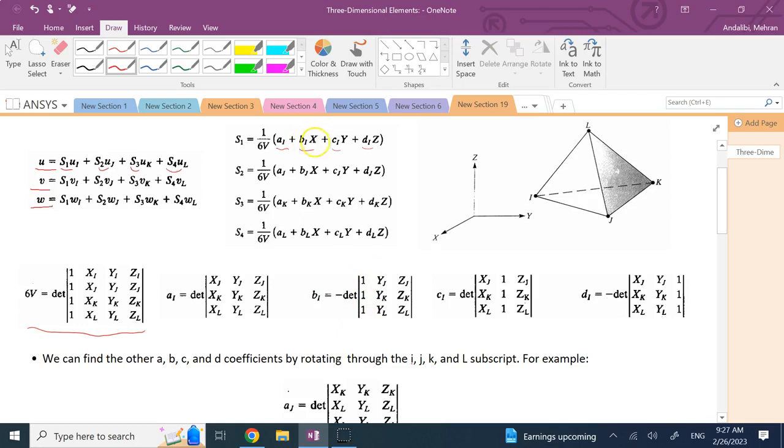And then B, if you look at B, your x column is replaced by 1's. Why? Because this B is multiplied by x, and so the x column is gone, replaced by 1, and you also have a negative. When you go to C, since C is multiplied by y, the y column is replaced by 1's, and again this is positive 1. And then when you go to the coefficient of z, which is D, the z column is replaced by 1, and you have a negative 1.